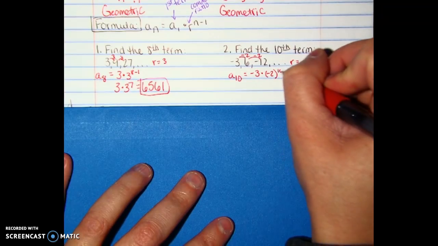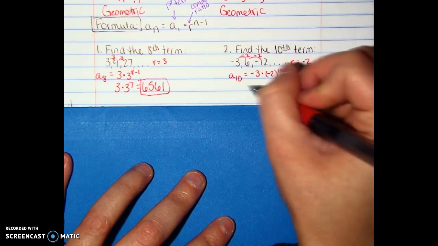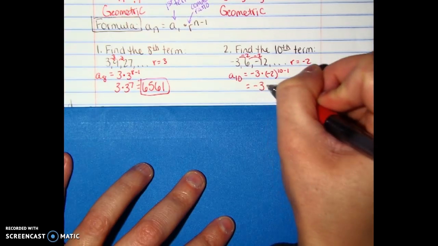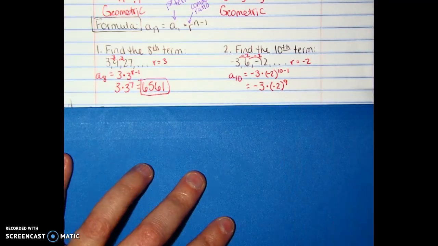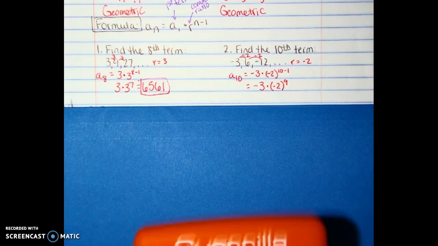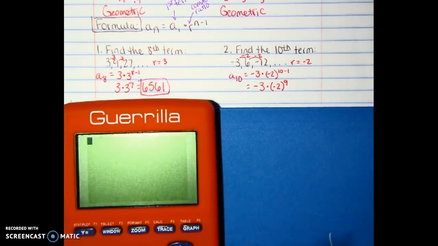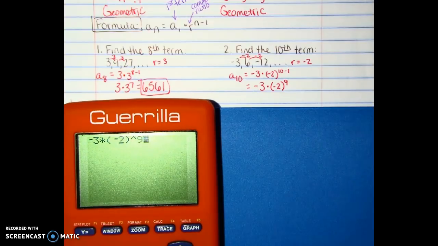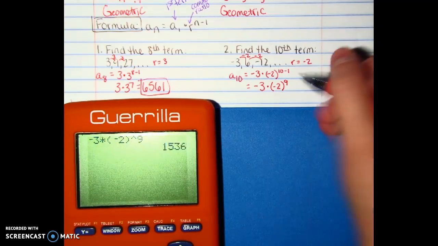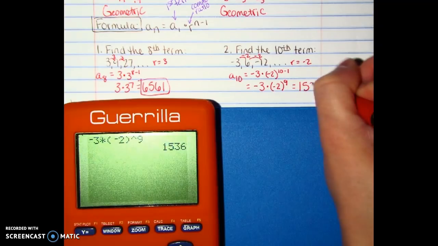So this would be 10 minus 1. So this is negative 3 times negative 2 to the 9th. Make sure that negative 2 is inside parentheses. So this is 1,536.